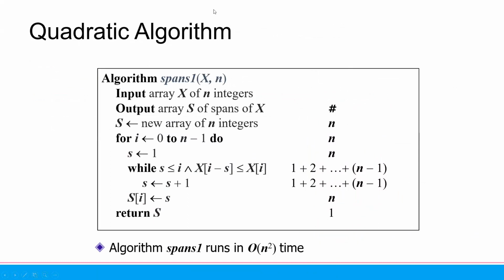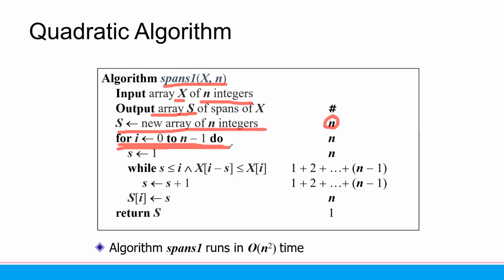Now, suppose you have the span algorithm like this, span(X, n). We have the array X and n integers, and the output will be the array S, the spans, which are 1, 1, 1, 2, 3, and so on. S is a new array of n integers, so that operation will be n.